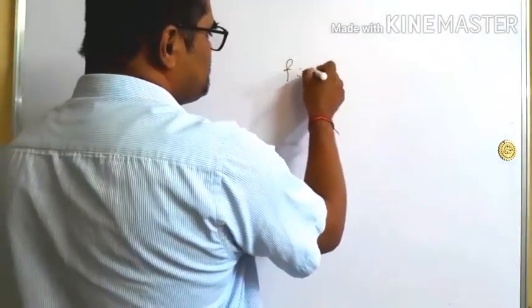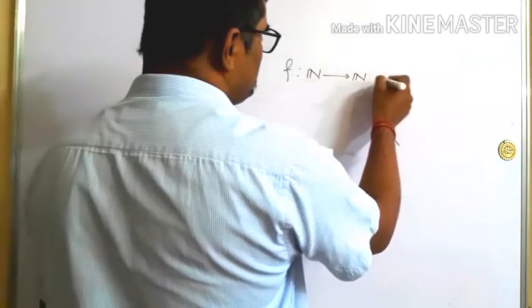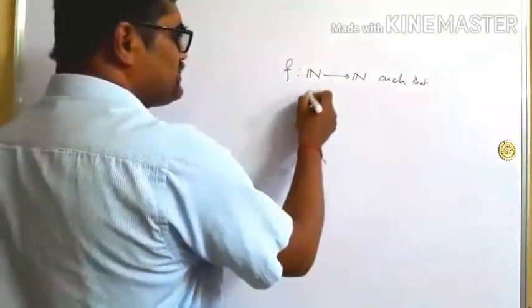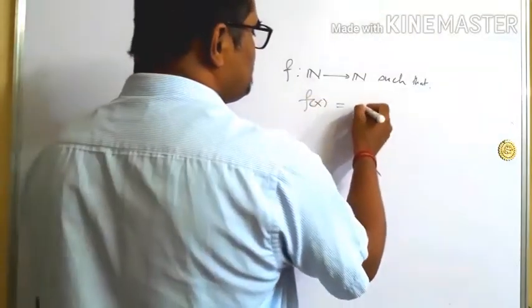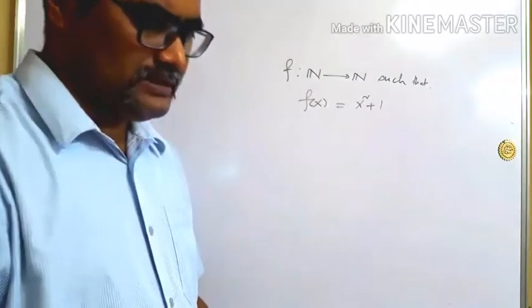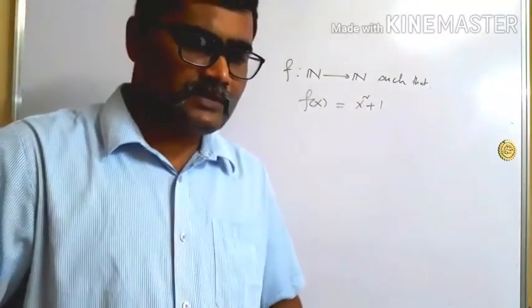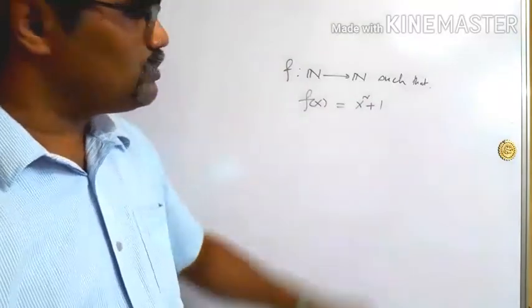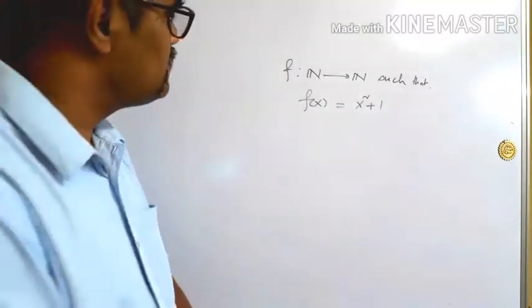Say there is a function from natural numbers to natural numbers such that f(x) is written as x square plus 1, right?